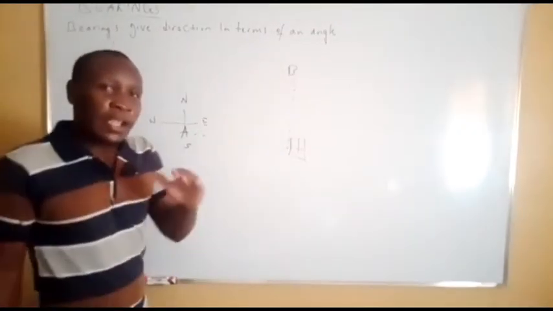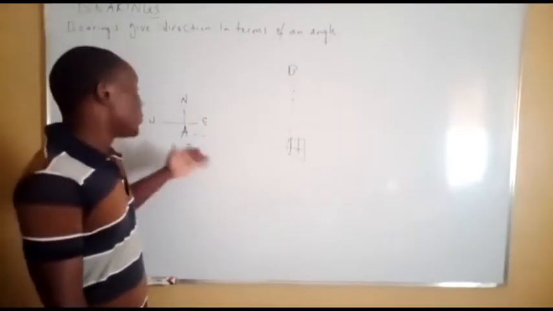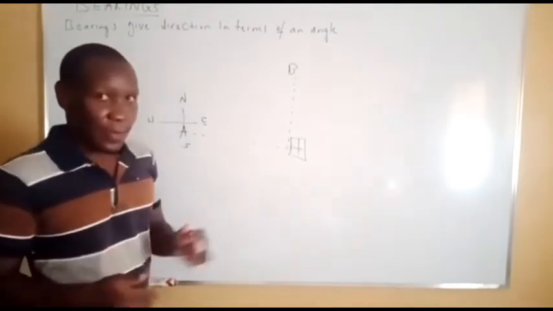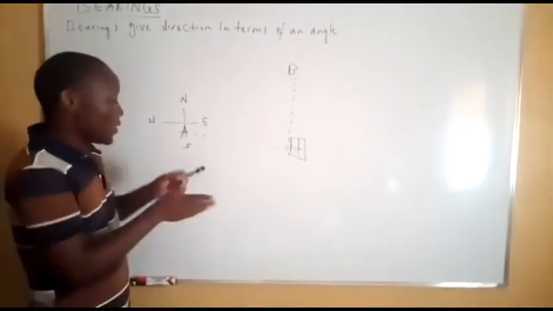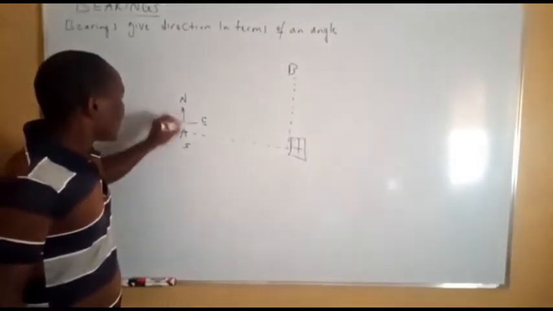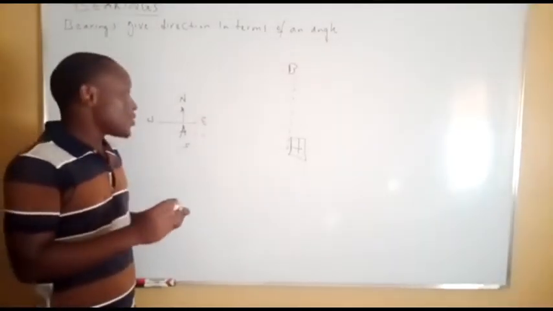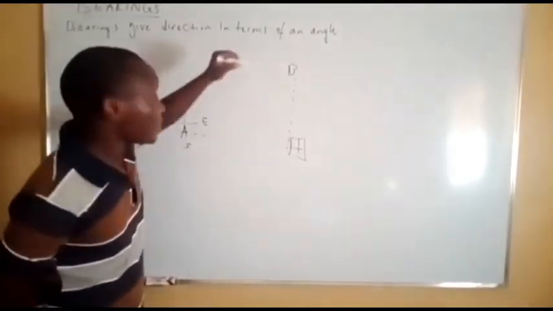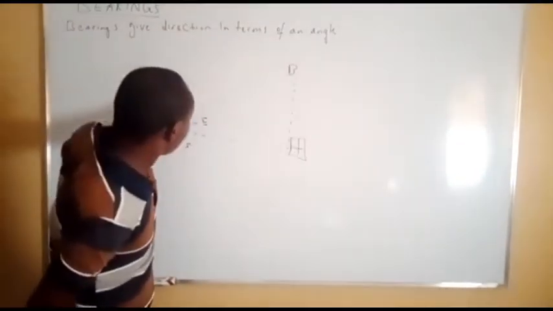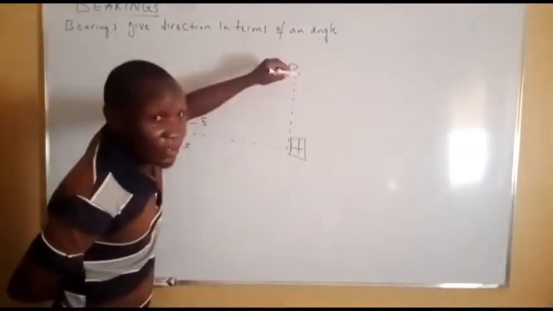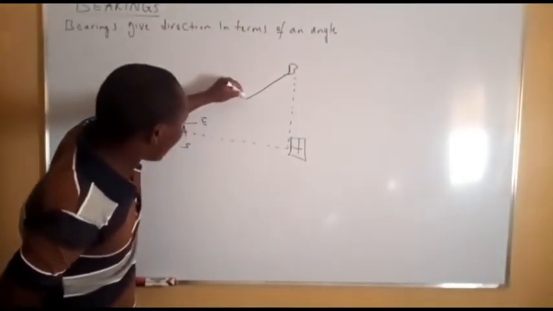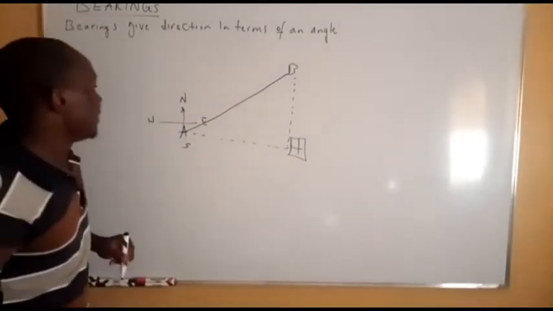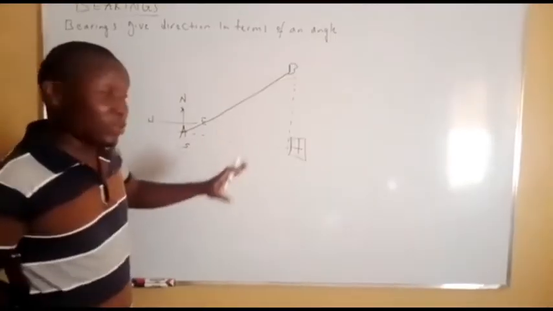So, we want to give directions to John using bearings, or using the angle. The way we do it is like this. First draw the north. The north has been drawn. Then we join the 2 towns with a straight line.